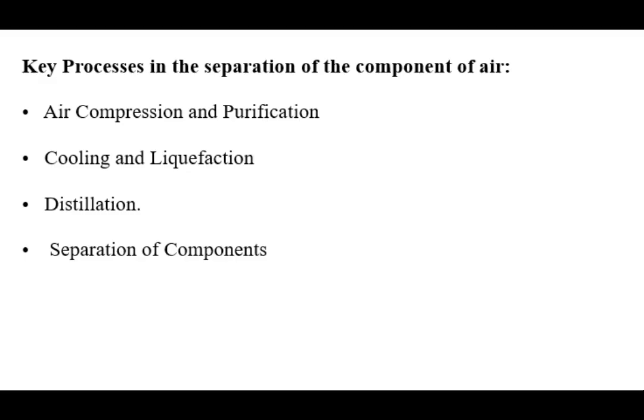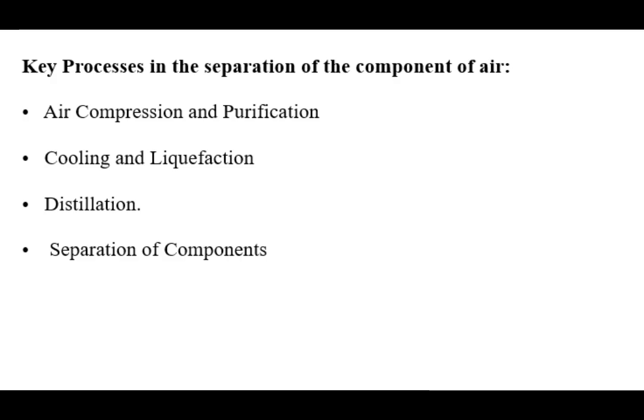Cooling and liquefaction. The compressed air is then cooled to extremely low temperatures, typically around -180 degrees Celsius, using heat exchangers and refrigeration systems. At these temperatures, the air is liquefied, and the real gas behavior of the components becomes significant.